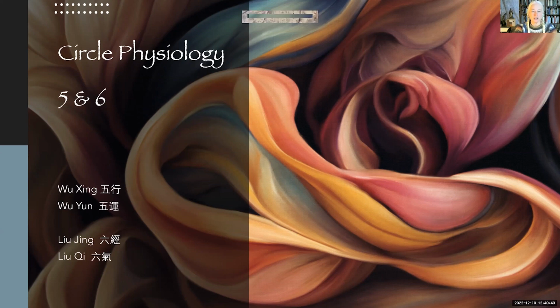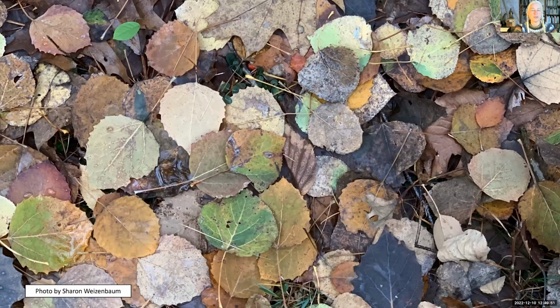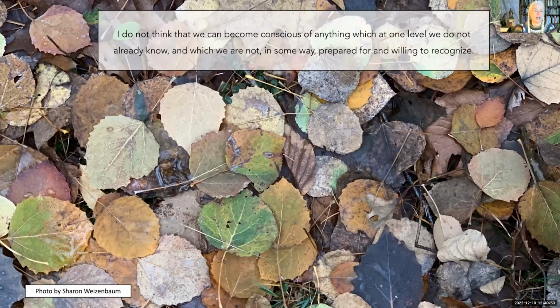However, to start, I'd like to read something by an author that I started reading probably more than 25 years ago, named Suki Colgrave. She has a book called Between Heaven and Earth, and it's all about yin yang.